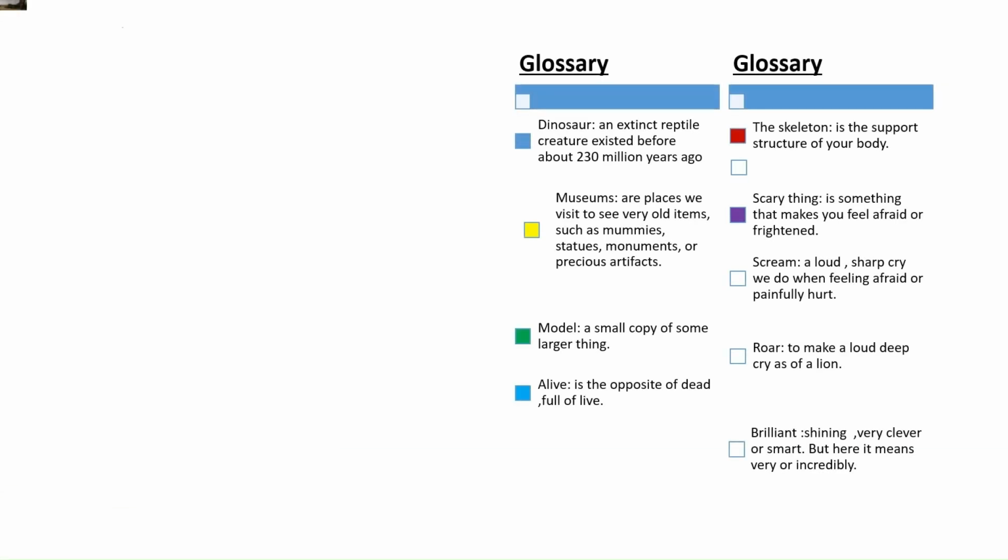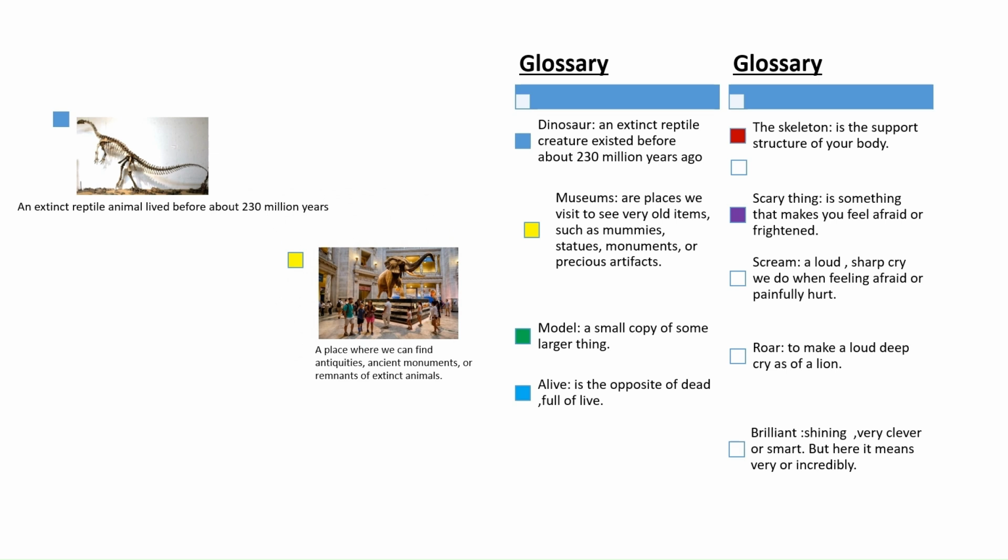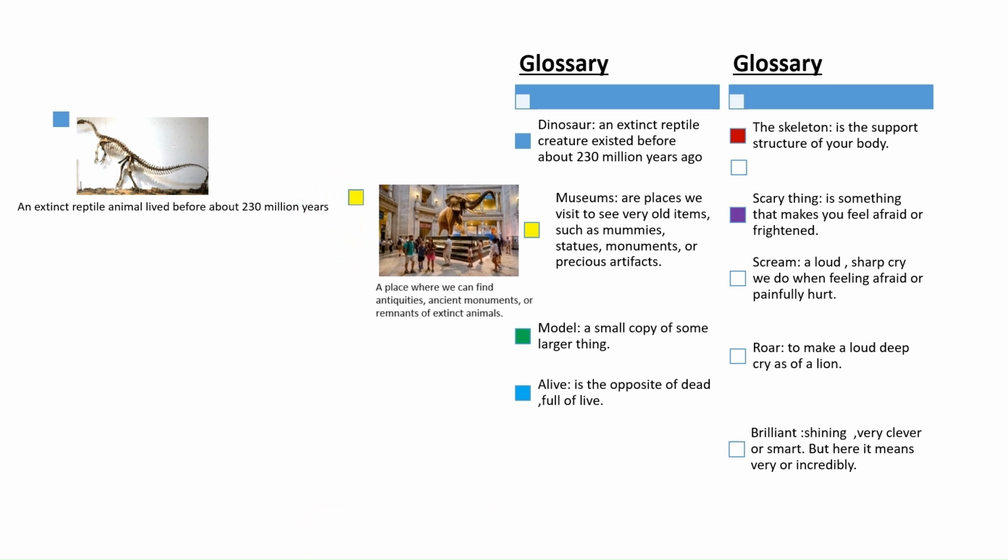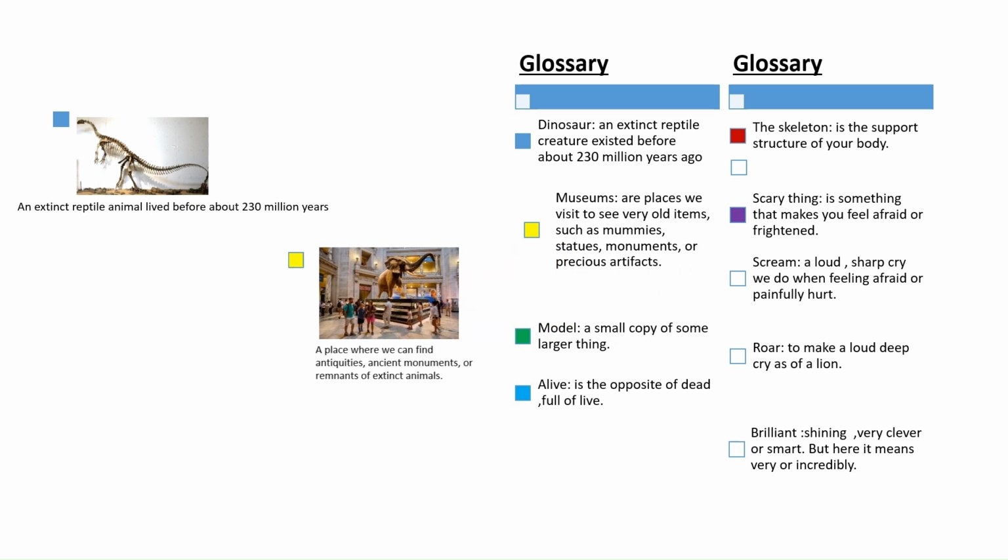A dinosaur is an extinct reptile creature that existed about 230 million years ago. Museums are places that we visit to see very old items such as mummies, statues, monuments, or precious artifacts. A model is a small copy of some larger thing. The word alive means full of life.